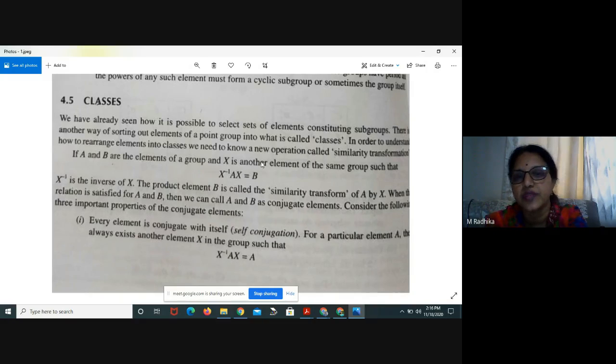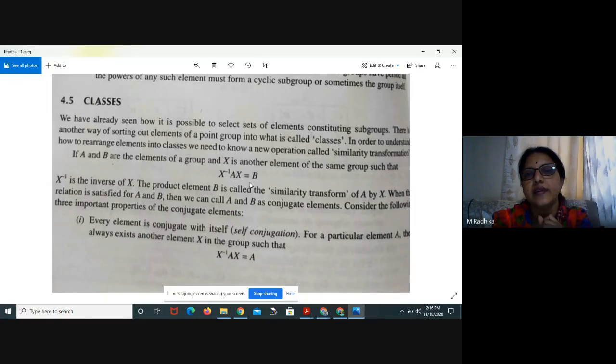So you are not getting something different, you are getting the same point group. Suppose I do identity with C3 1, again I will get C3 1 or I will get a C3 2, whatever it is. That is a part of the C3V point group only, or I may get a sigma, again that is a part of the C3V point group. So whatever answer you are getting, that should be a part of the same point group, hence you call this type of product the similarity transformation.